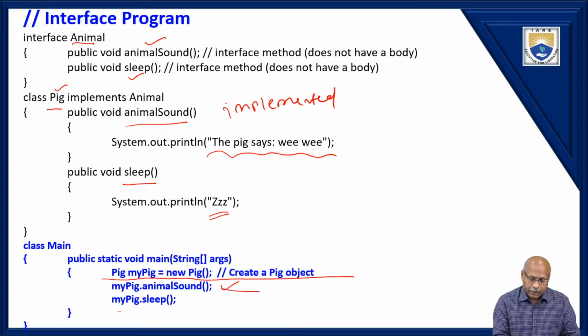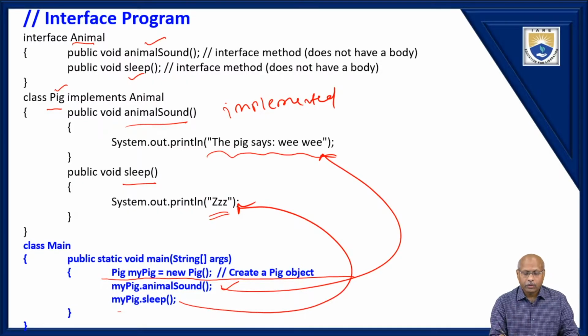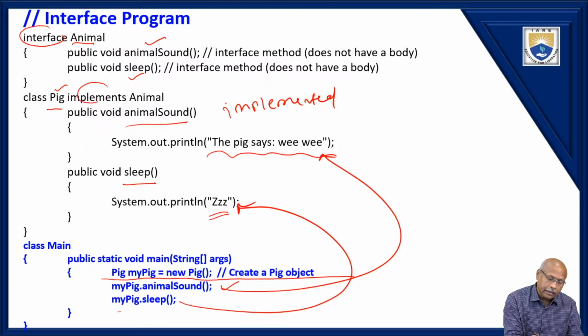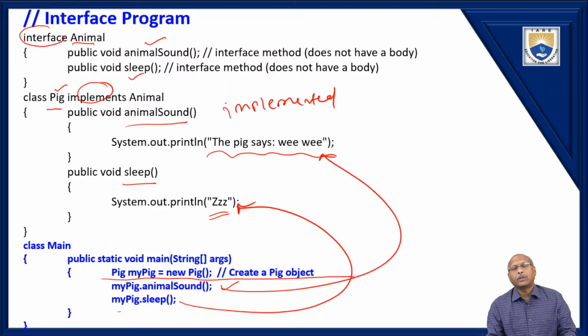So the corresponding method will be executed. Anyway, we will execute it also in a different way. Try to know how you can write an interface program. So please remember the keywords, first interface and here implements. These are the two keywords you have to use for interface programs.